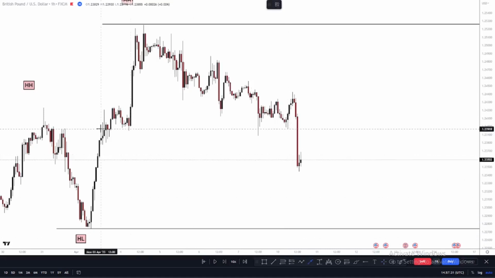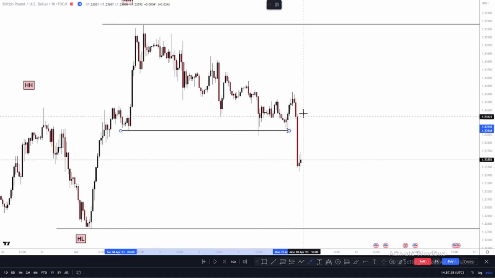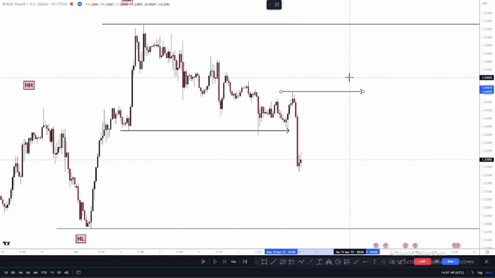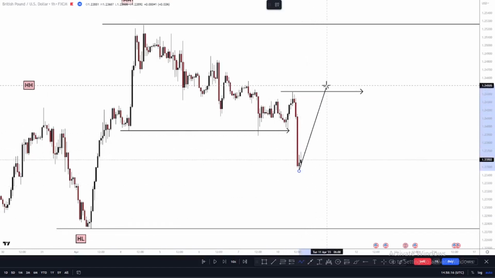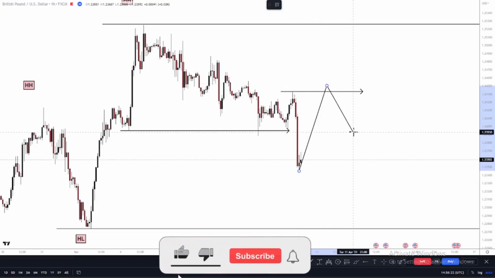Since this was the last lower high that broke below this higher low on the H1 time frame, what do we need price to do? We need price to come back up and break above this lower high to create a new higher high. We trace a little bit, we find an entry, and we continue to the upside.